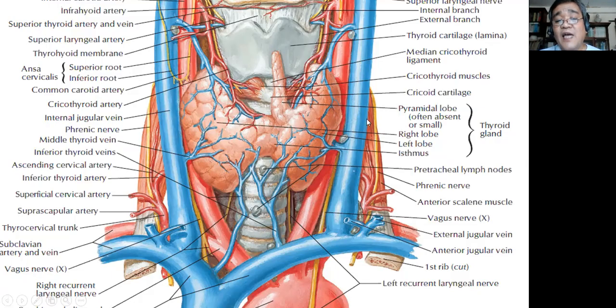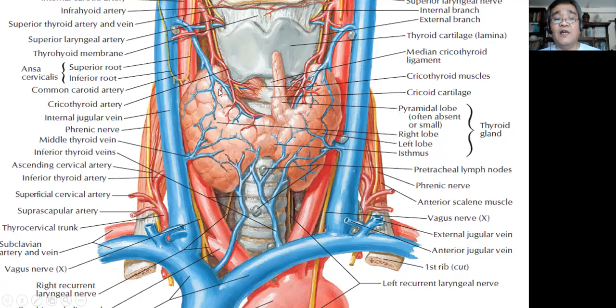Now, the thyroid gland is a well-vascularized organ, meaning when you injure this, it can easily bleed. It receives its blood supply from two sources. One is the superior thyroid artery coming from the external carotid artery, which descends over the superior pole and divides into two branches to supply the anterior and posterior part of the superior pole of the thyroid gland, as well as the upper portion of the parathyroid.